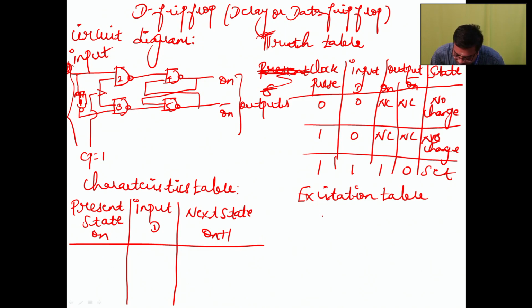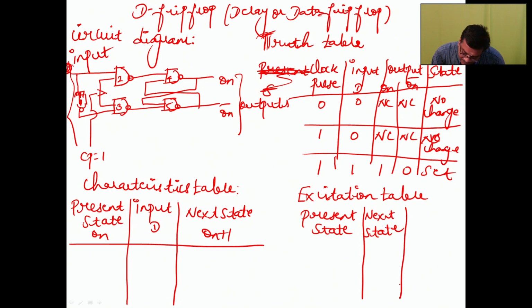Excitation table, similarly, we will get present state, next state, and flip-flop input D.